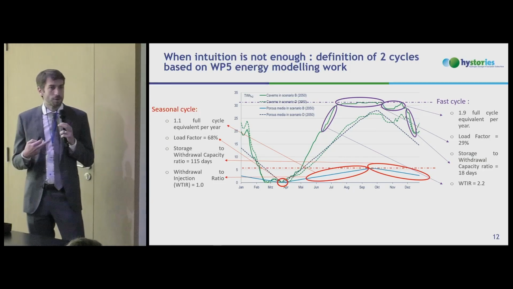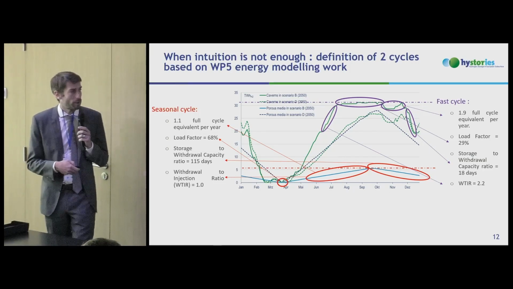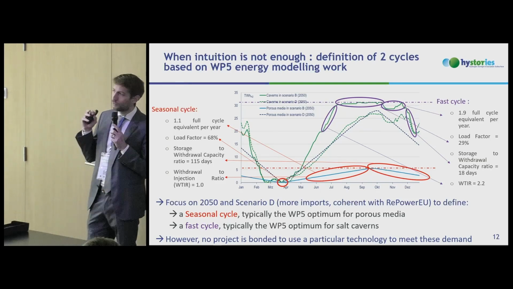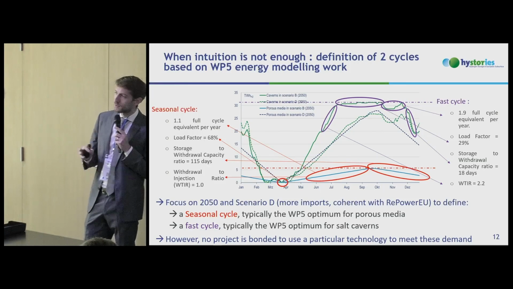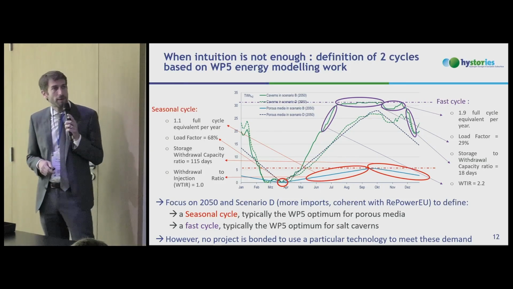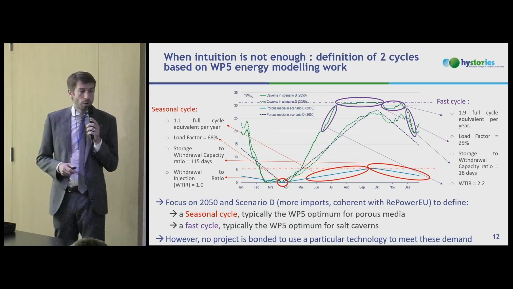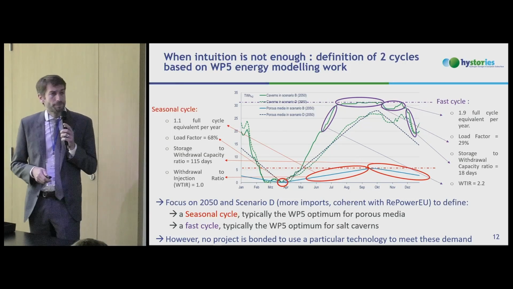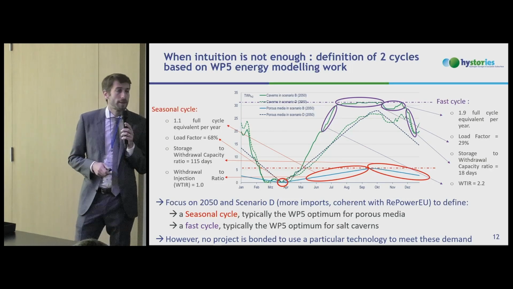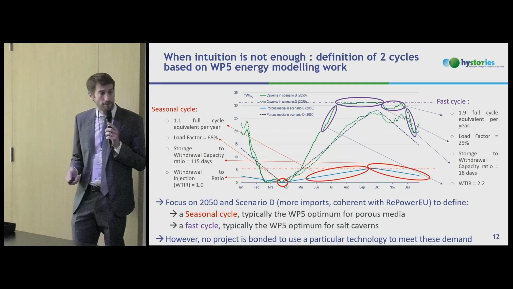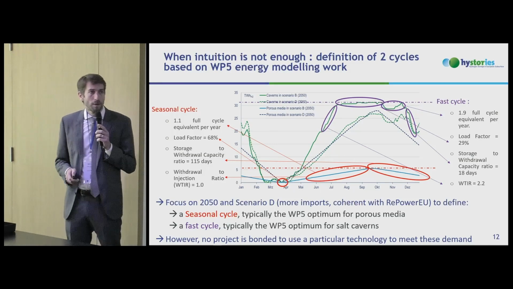So we needed all this to define our cost estimate. We also chose to focus on only one of the scenarios that were developed in our package 5. We picked scenario D, more coherent with the REPowerEU plan, to define this seasonal cycle on the left and fast cycle on the right.